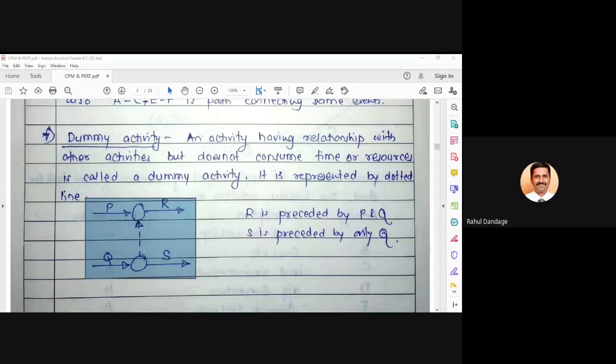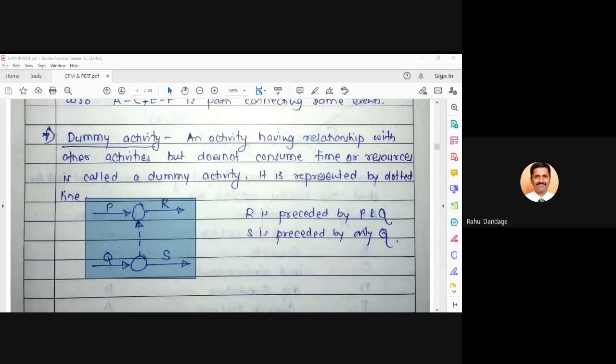Just look at the chat box. R is preceded by only P and S is preceded by both P and Q. In that case, does the diagram remain the same or will it change?